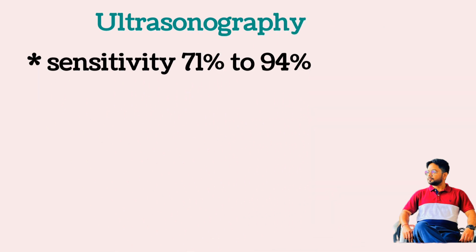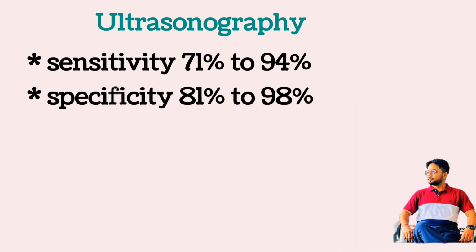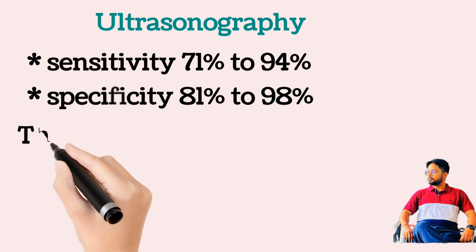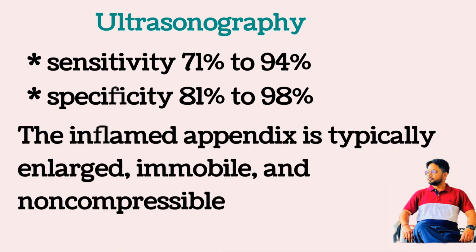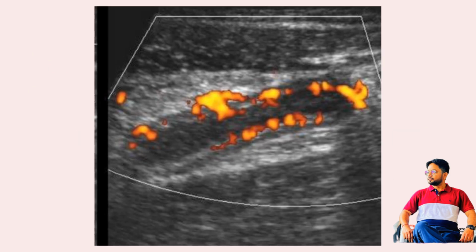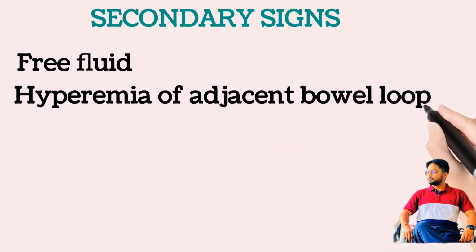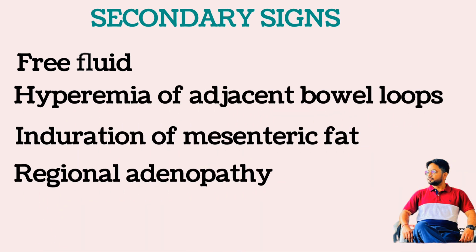Ultrasonography has a sensitivity ranging from 71 to 94% and a specificity ranging from 81 to 98%, although this varies greatly based on the skill and experience of the sonographer. The inflamed appendix is typically enlarged, immobile, and non-compressible. Secondary signs such as free fluid, hyperemia of adjacent bowel loops, induration of mesenteric fat, and regional adenopathy may serve to increase diagnostic accuracy.